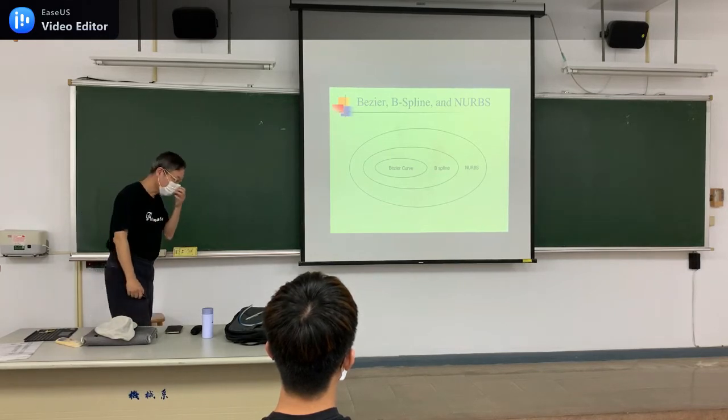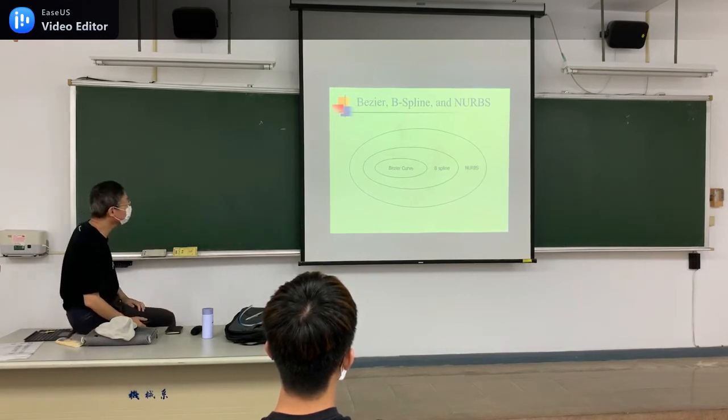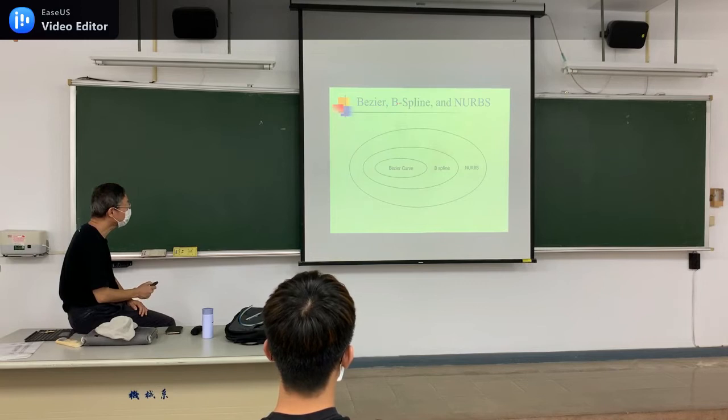Next, we will discuss another important function, spline functions, the so-called B-spline. B-spline is dealing with the Bezier curve. And a generalization of B-spline will be what we call NURBS, non-uniform rational B-spline.